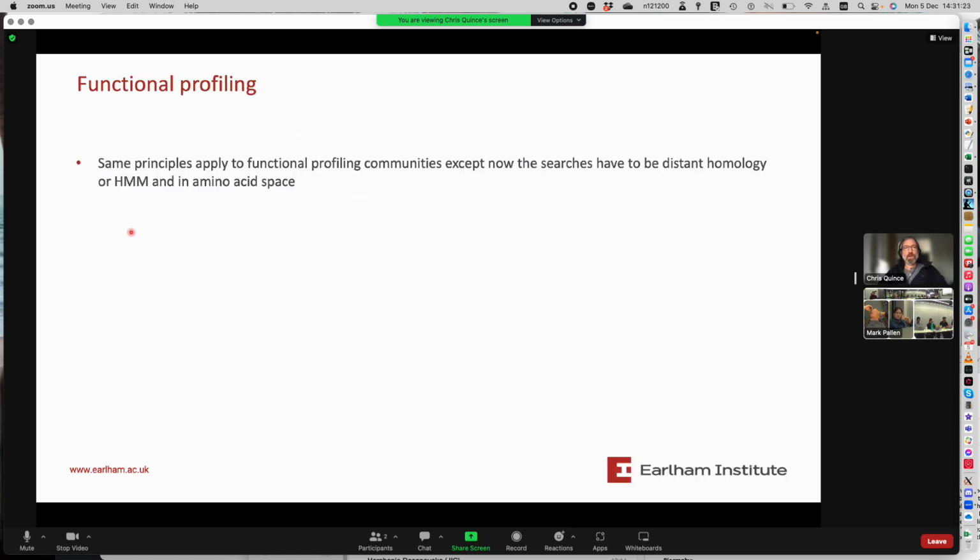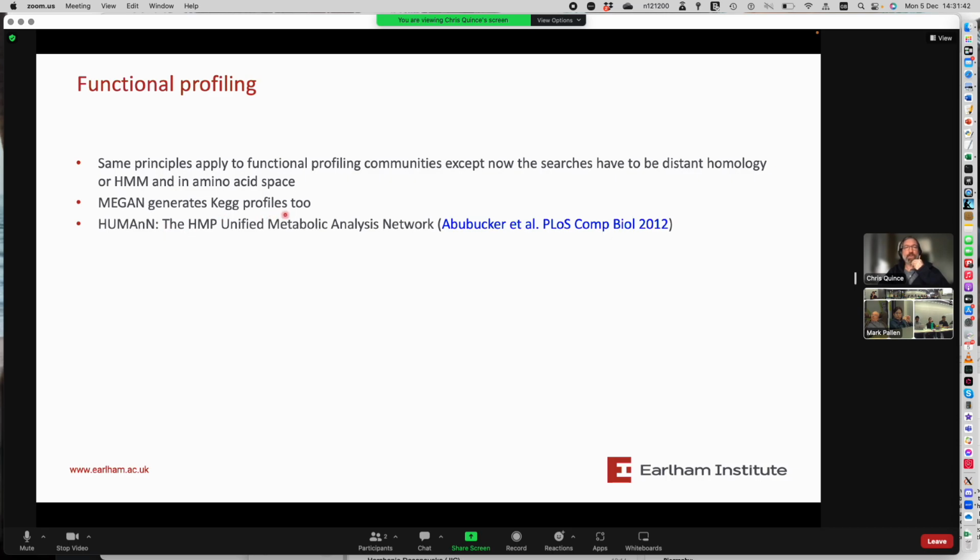Okay, right. So I talked a bit about taxonomic profiling and the software available. Functional profiling, exactly the same principle, but as I mentioned, now you need to be able to do searches that are more distant, perhaps. So examples of that software.